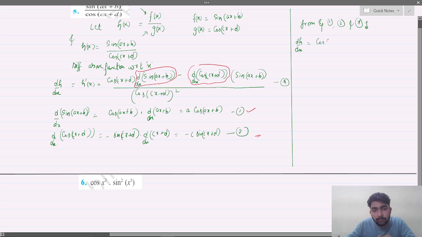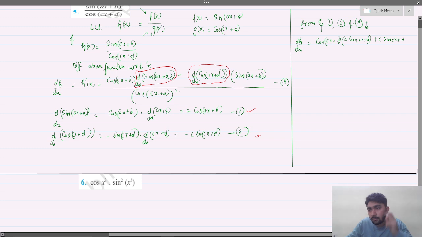So how can we write, you can observe here cos of cx plus d, and here the derivative of sine of ax plus b is a cos of ax plus b. Okay, now plus, again we need to put the value of this d by dx, and we can find it by the second. Minus minus will become plus, and here we will get c sine of cx plus d.